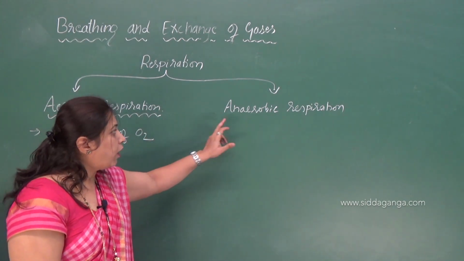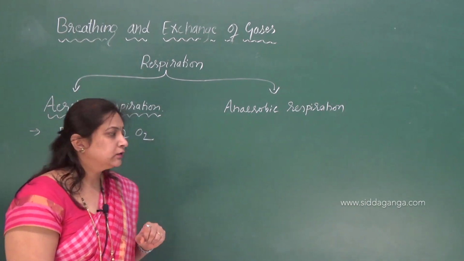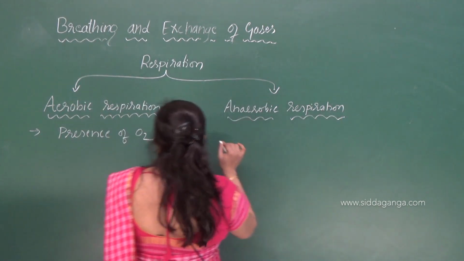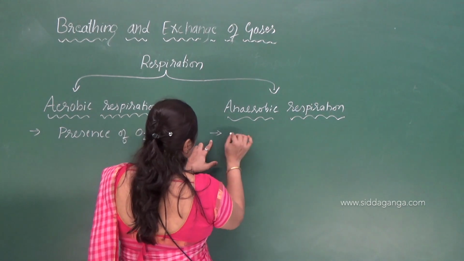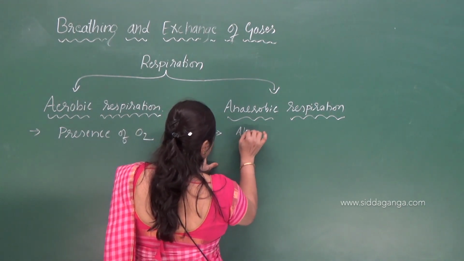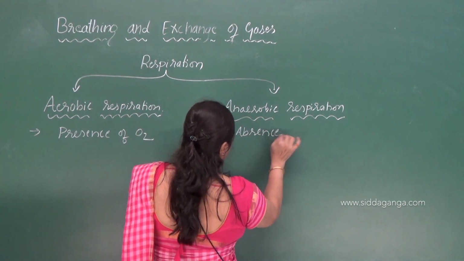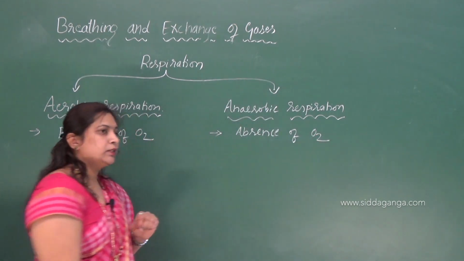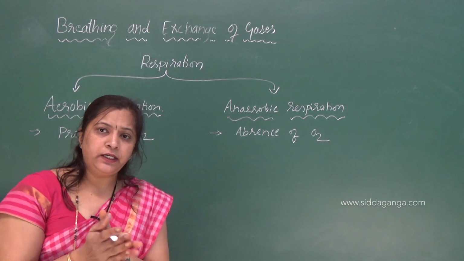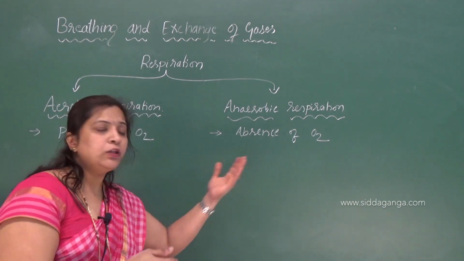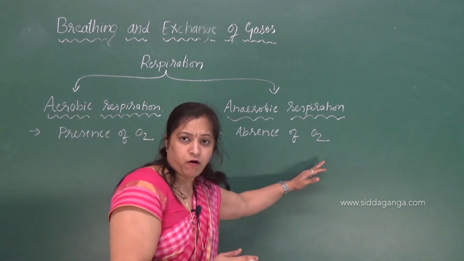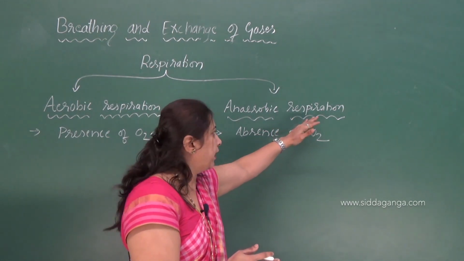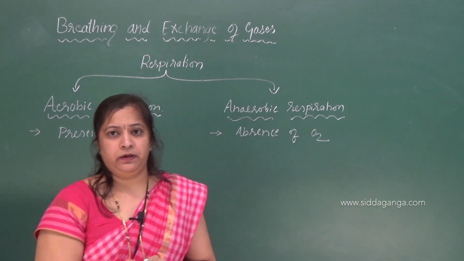Then what is anaerobic respiration? Anaerobic respiration occurs in the absence of oxygen. When the food is oxidized without the use of molecular oxygen, then that type of respiration is called anaerobic respiration.